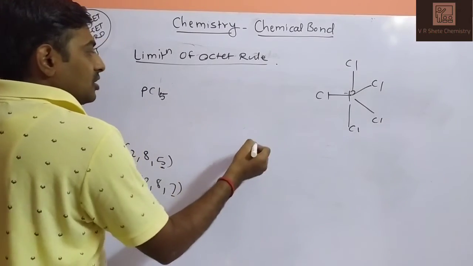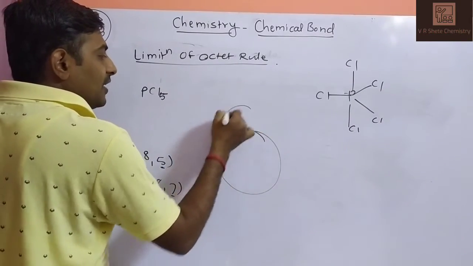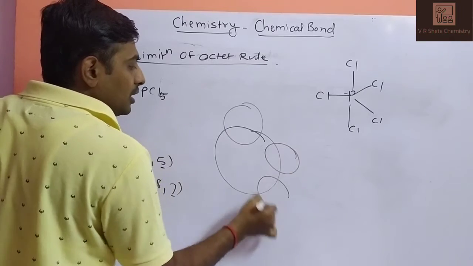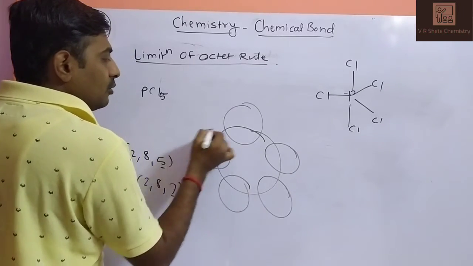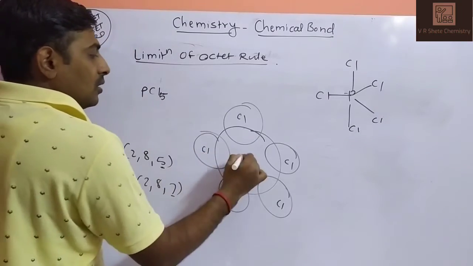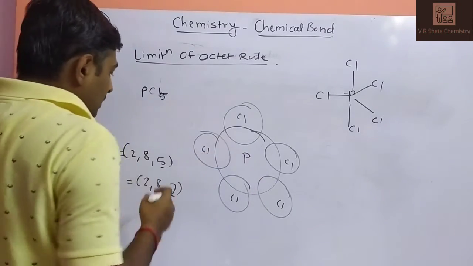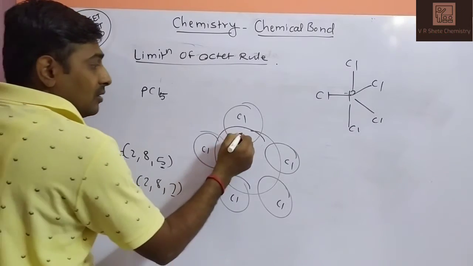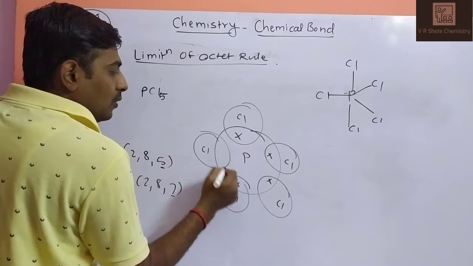When you are drawing the structure, phosphorus is central and 5 chlorine atoms are at the periphery. For phosphorus we have to draw 5 valence electrons, 1 2 3 4 5.